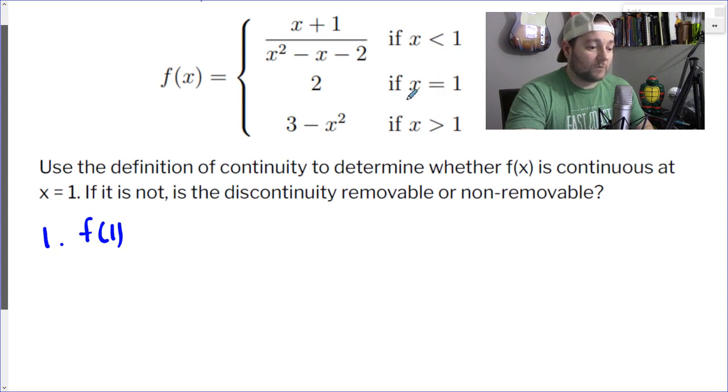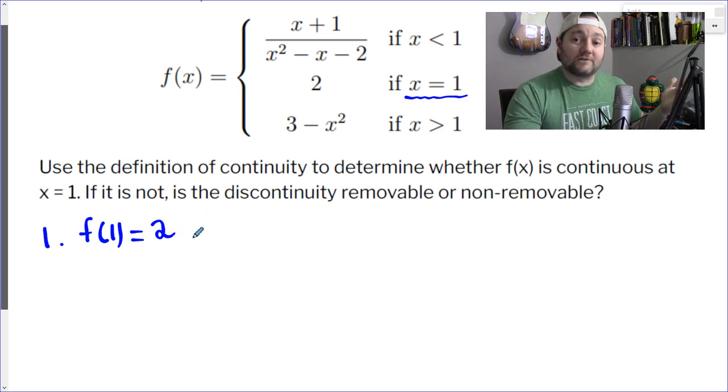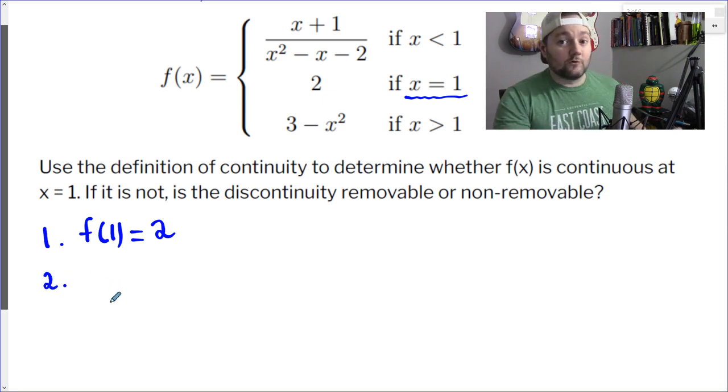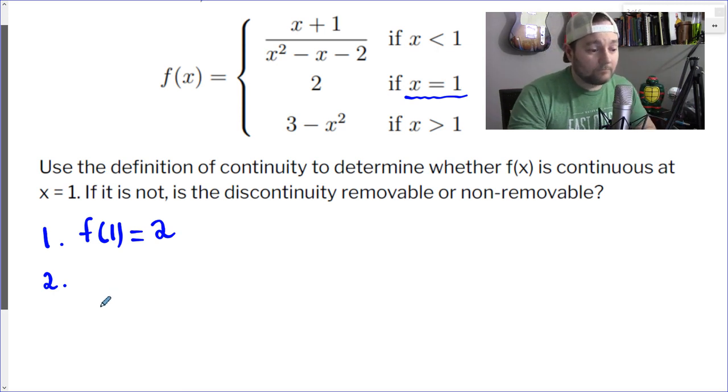If there was a variable here, we'd have to sub the 1 in, but it just gives us back that when x is equal to 1, our function is 2 always. So f of 1 equals 2, therefore that exists. We're good. Whenever you break the definition of continuity, a lot of times you can stop and explain, but in this case, we've got to keep going.